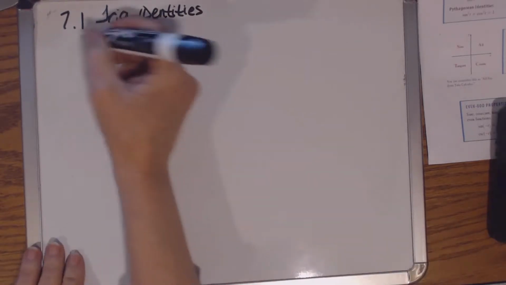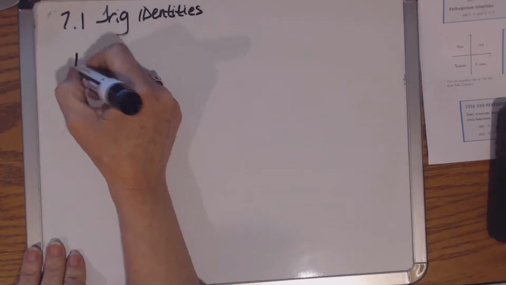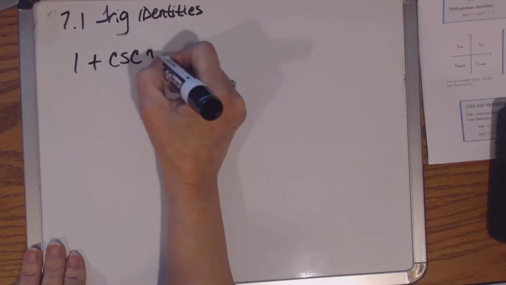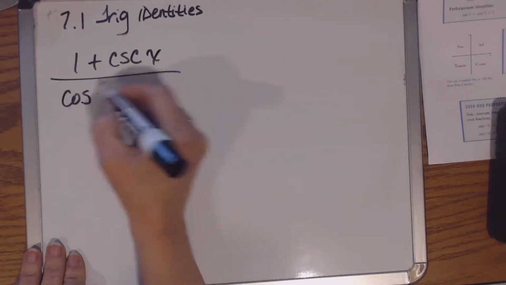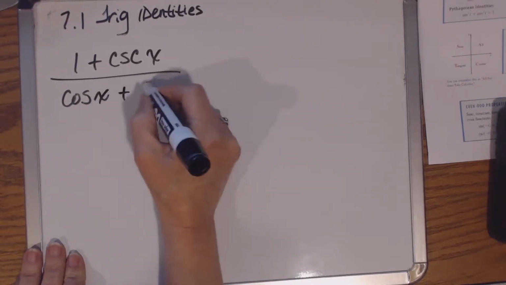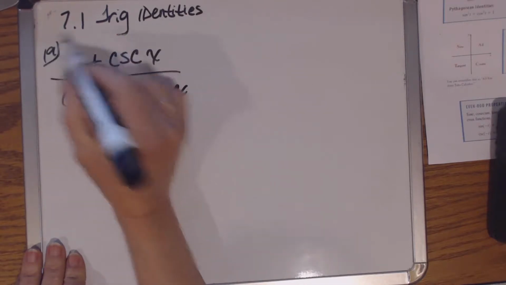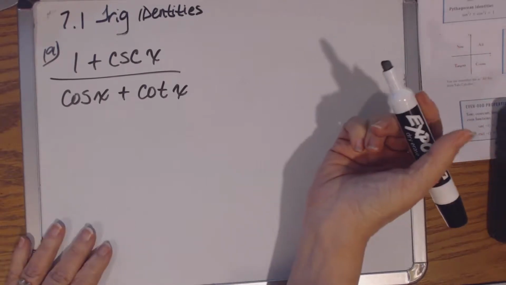This would involve converting everything again to sines and cosines. And I've got 1 plus cosecant of x over cosine of x plus cotan of x. We have a little potpourri here of identities. We want to simplify this, okay?